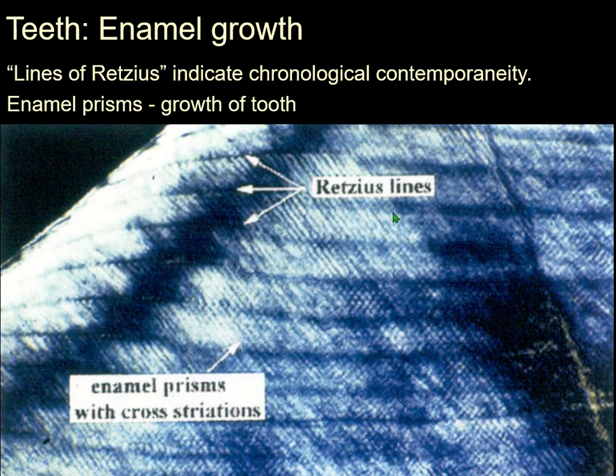And these indicate chronological contemporaneity. So basically they're not like annual growth rings, but they grow a bit and they grow a bit and they grow a bit. And so you can thereby say something about the seasonality and the growth of the organism that had these teeth. And you can also see perhaps if there was a problem in that growth, with a bad season or exceptionally good season in the growth of the tooth.